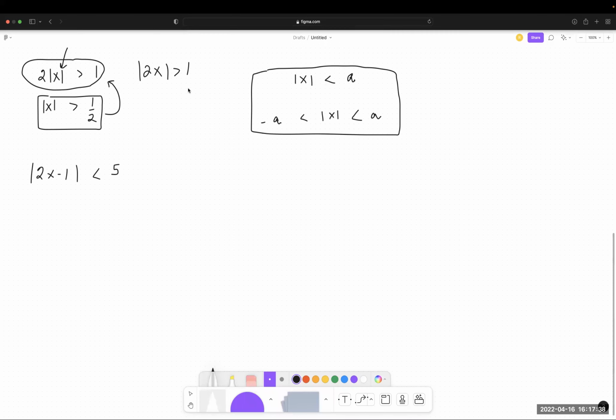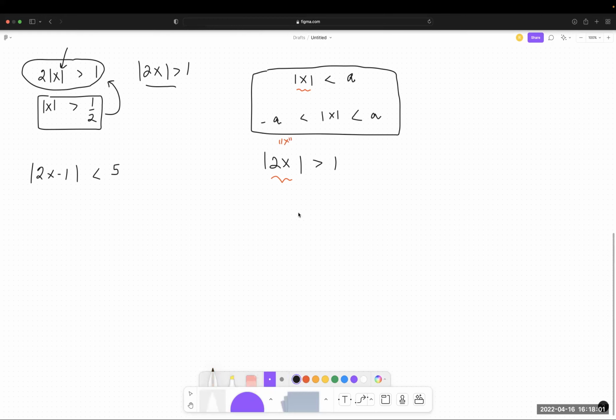So in this case, what would it be? You have 2x, and you're taking the absolute value here. Symbolically, this entire thing is the x.